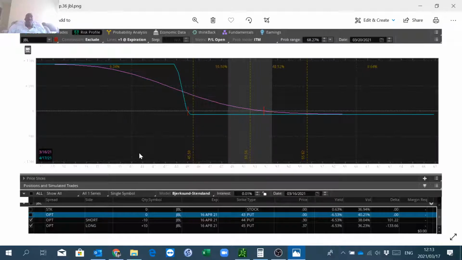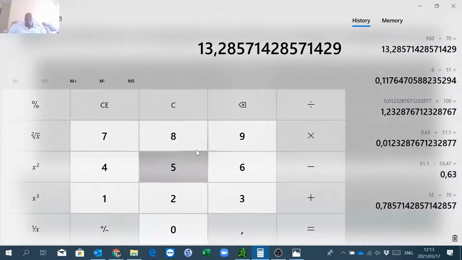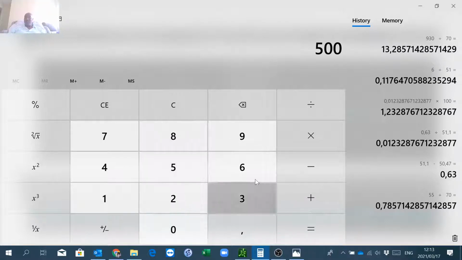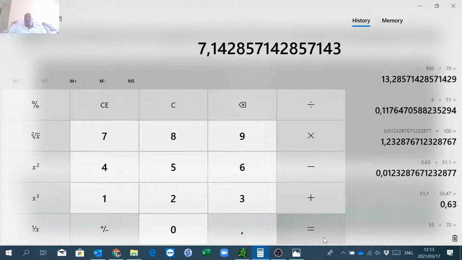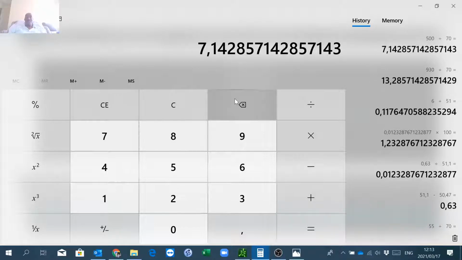Big difference there. And even if it drags almost halfway somewhere here, by the time I pull the trigger I've made, say, $500, let's suppose it's halfway there, that's still major. Because 500 divided by 70 is a 7 times bagger.